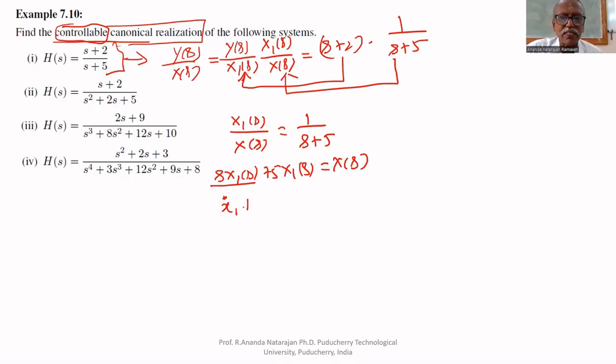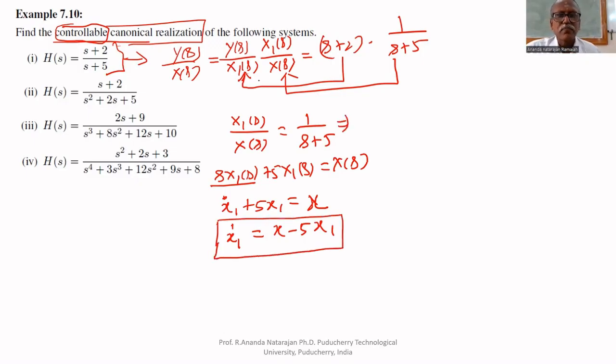X1 dot of t plus 5 x1 of t equal to x of t. Or it can be written as x1 dot equal to x minus 5 x1. This is one equation.